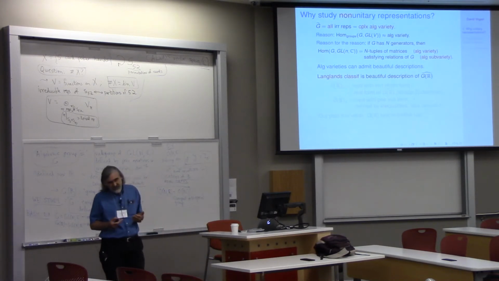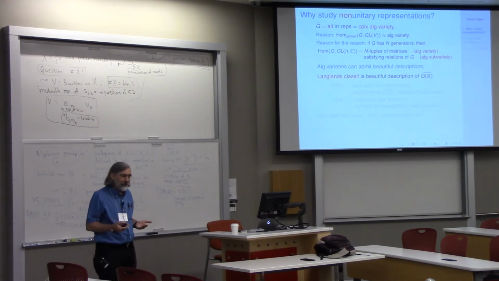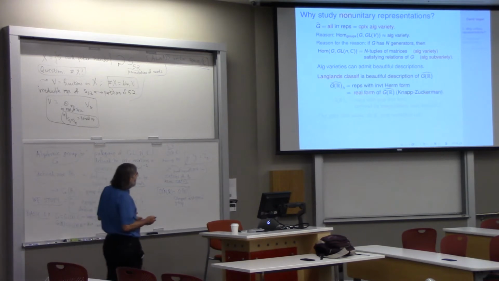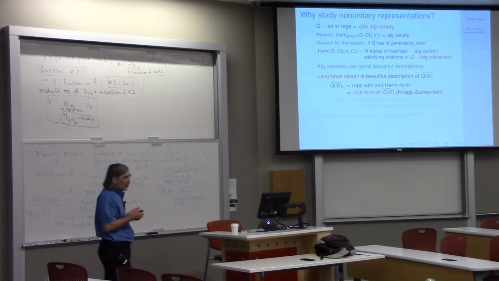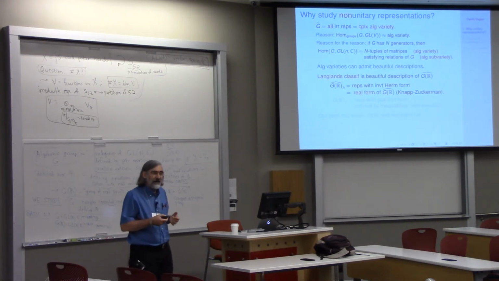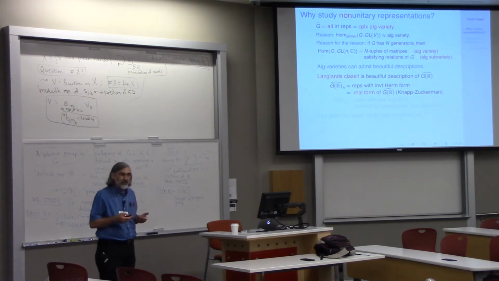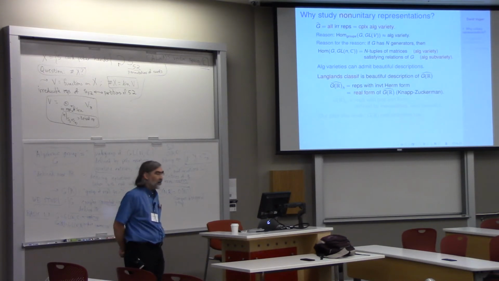Okay, but as I say, these are nice and easy to describe, but what we want to understand are unitary representations. So first, we're going to look at representations that have an invariant Hermitian form. Remember, what unitary means is that the representations live on a Hilbert space.